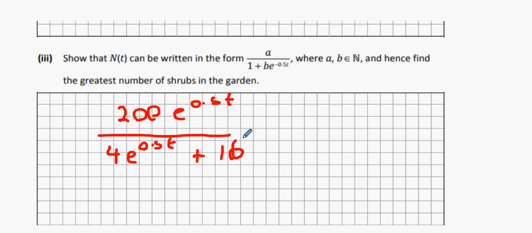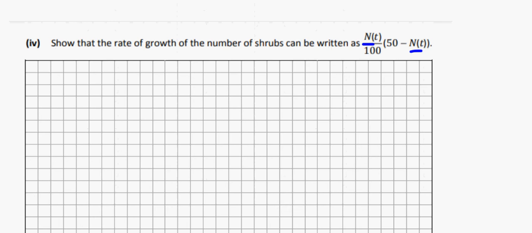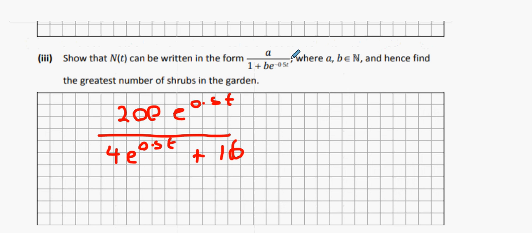Lads, if I was in an exam, can I give you a hint here? If I was looking at this question and I was going, I haven't got a hope, right? I've just admitted that to myself. I can't do this, right? And then I'd look at the next question and go, right, it uses n of t, alright, and then in part 5, okay, now the truth is, you would need the dumbed down version, okay?